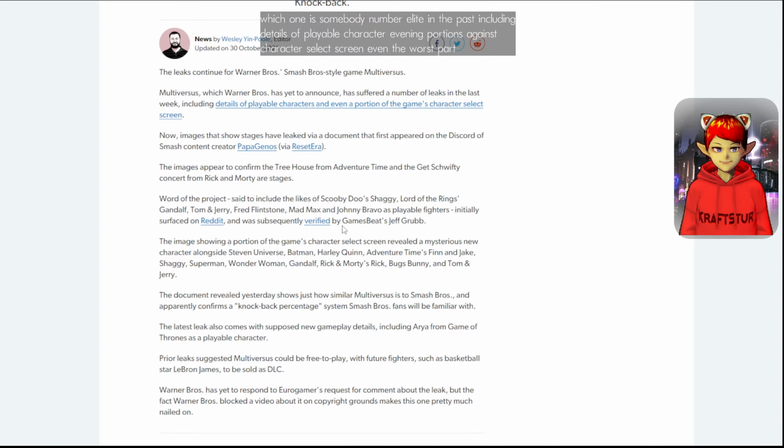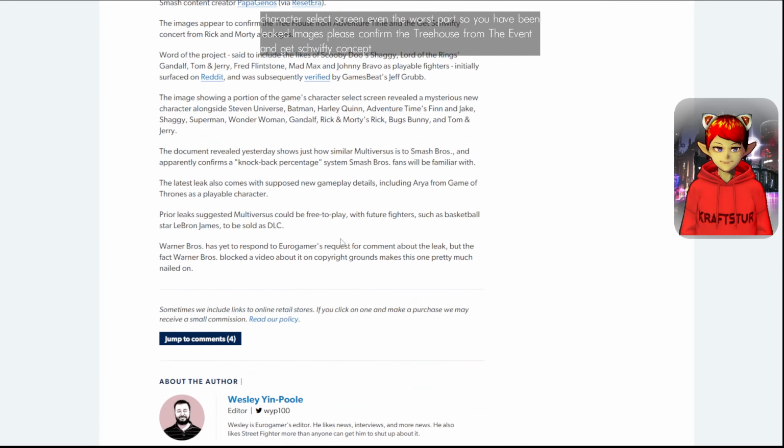So yeah, stages have been leaked. The images appear to confirm the treehouse from Adventure Time and the Get Schwifty concept from Rick and Morty as stages. Word of the project, said to include the likes of Scooby-Doo's Shaggy, Lord of the Rings' Gandalf, Tom and Jerry, Fred Flintstone, Mad Max, and Johnny Bravo as playable fighters, initially surfaced on Reddit and was subsequently verified by GameBeat's Jeff Grubb.